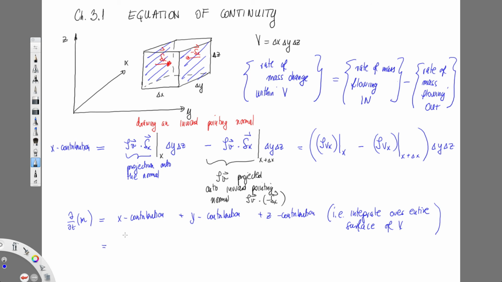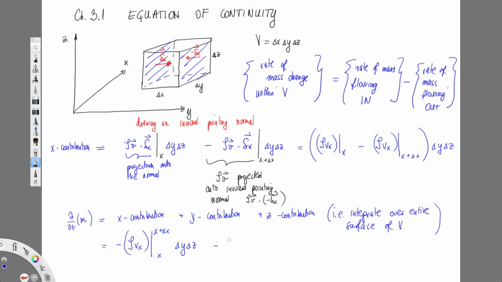So I'm going to have rho Vx. I'm going to shorten my writing immediately, actually. So this is minus rho Vx evaluated at x plus delta x times delta y delta z. And now I have the equivalent term for y and z.